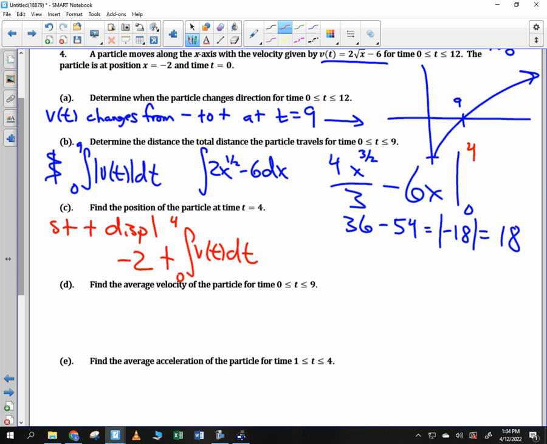Now we have the 4 up there, so we can calculate that. Can somebody remind me, how do I calculate 4 to the 3/2? You cube it or you take the square root, either one, it's up to you. So I'm going to take 4, square root it to get 2, to the 3rd. 8 times 4 over 3, that's 32 over 3.